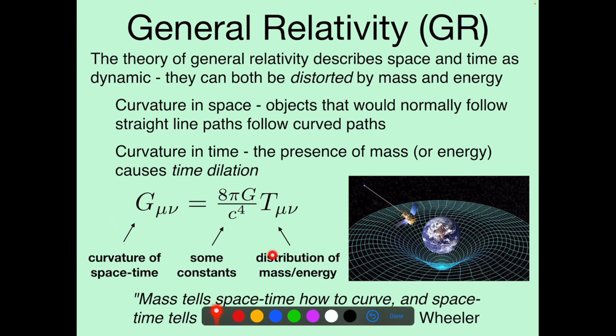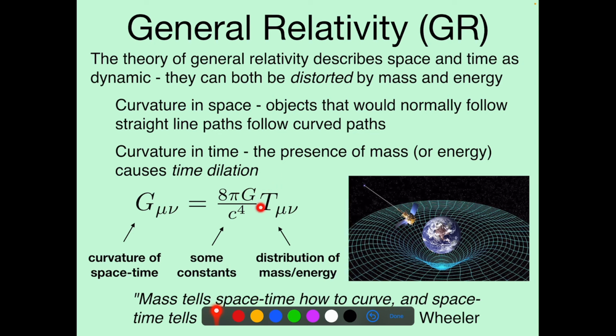So the field equations are shown right here. Basically what's going on is on the left-hand side, we have a term that describes the curvature of space-time. Then here on the right side, we have a bunch of constants, but notice the speed of light comes into play, and also the gravitational constant comes into play.